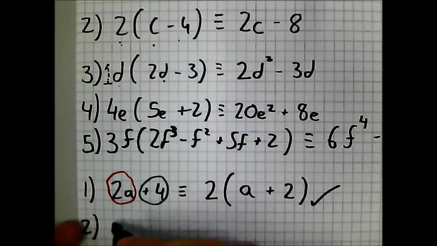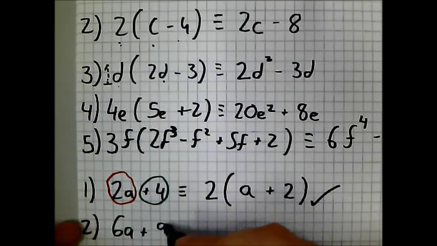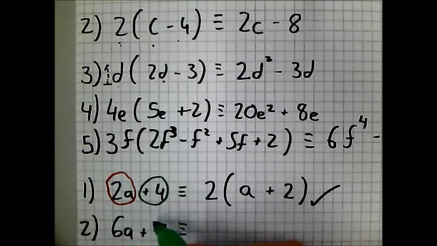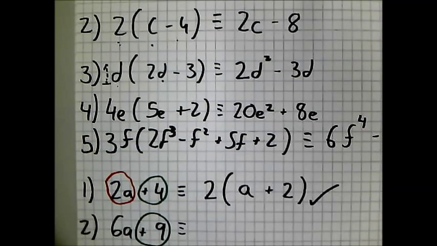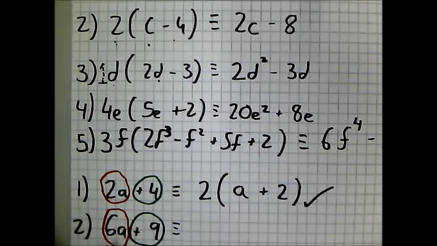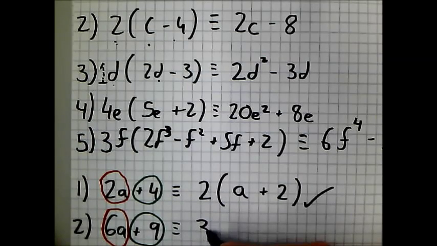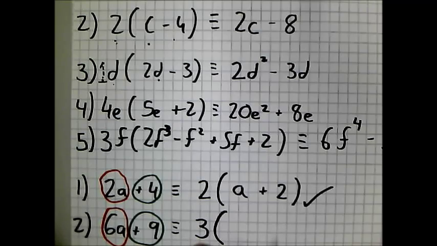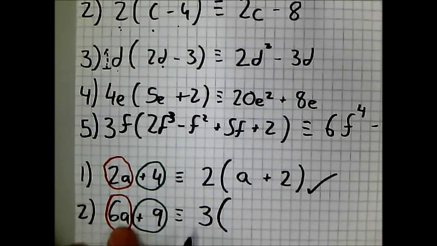Number 2, 6a plus 9. So we're looking for something that goes into the green term and the red term. So I know that 3 goes into 6 and 9. So I'm going to take a 3 to the outside. And I think, what do I want to multiply 3 by to make it 6a?